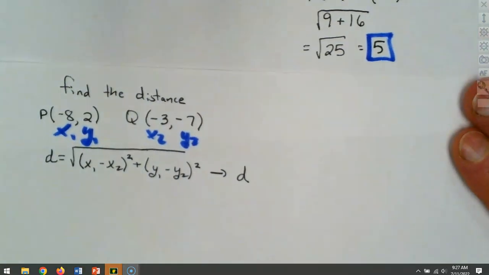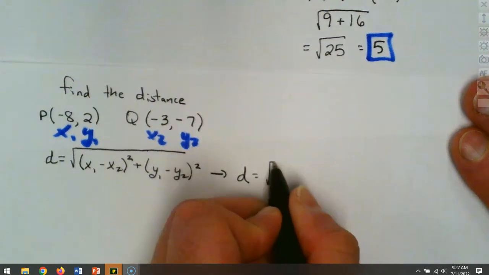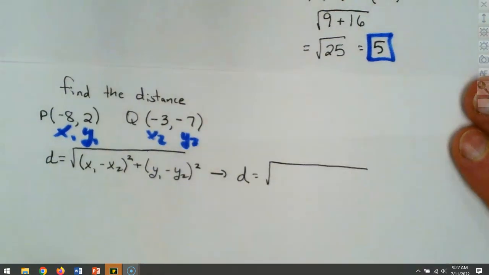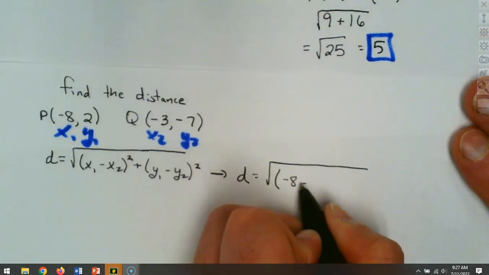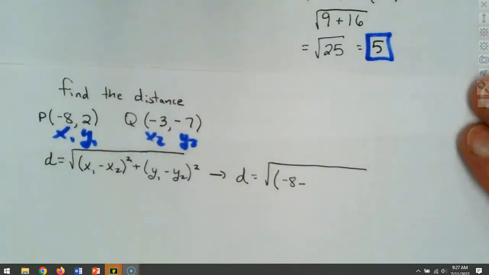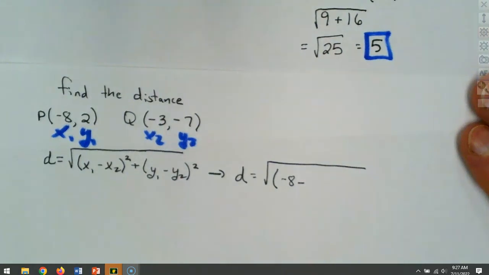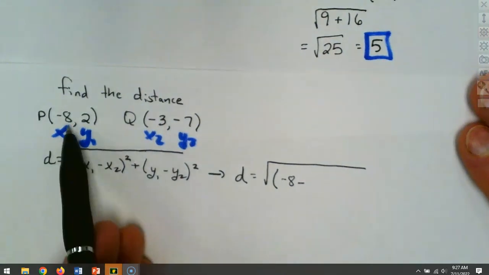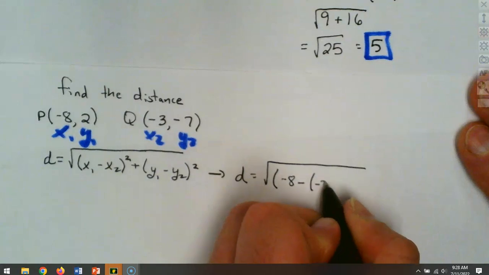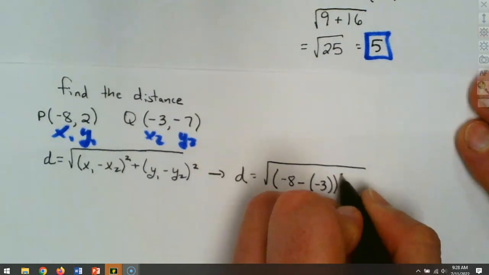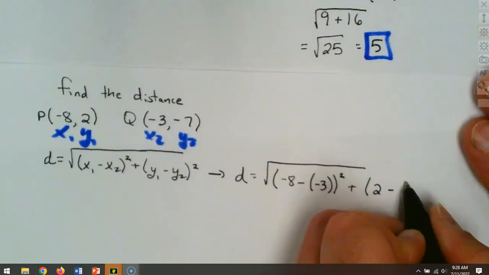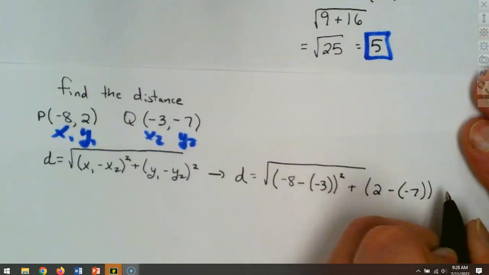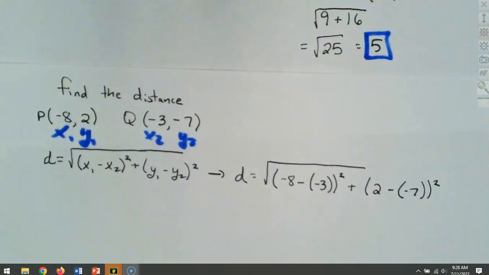So plug these in. And we've got minus 8. Minus, now again, we have to be very, very careful about the double negative. So it's minus 8 minus a minus 3, quantity squared. And then we've got 2 minus a minus 7, quantity squared.